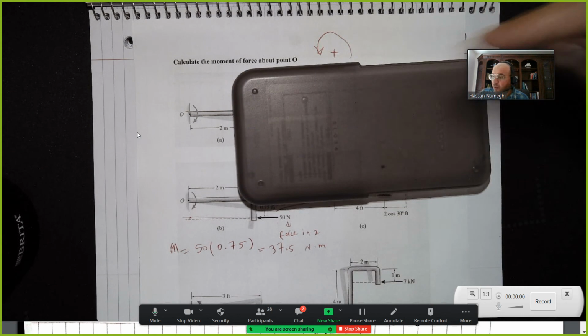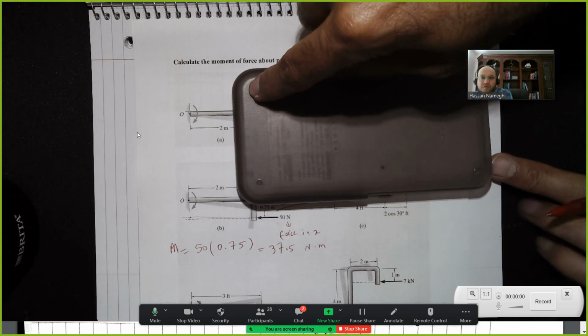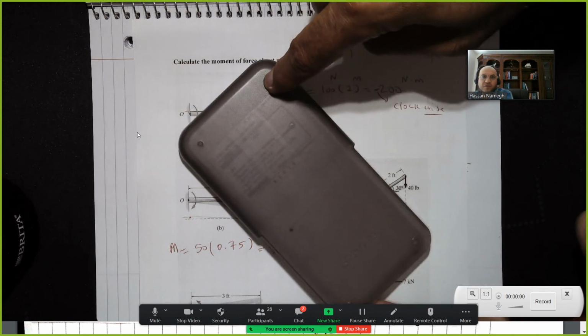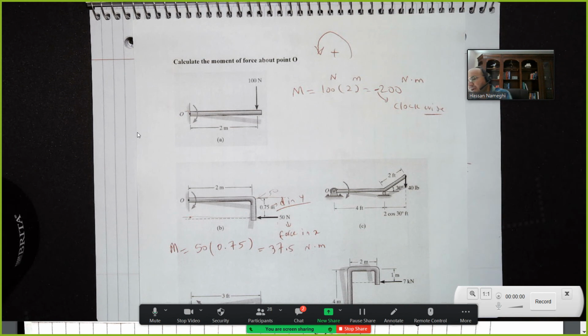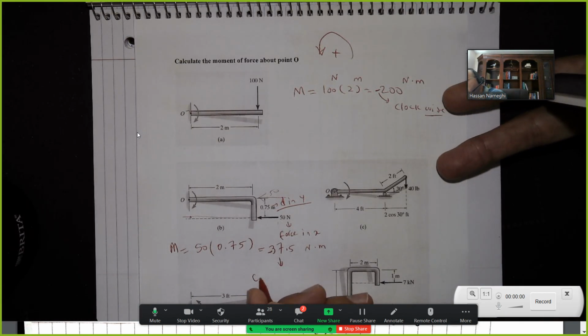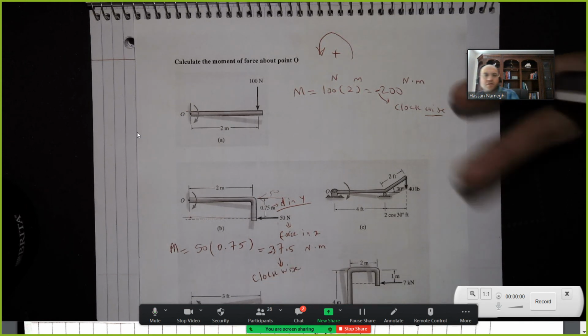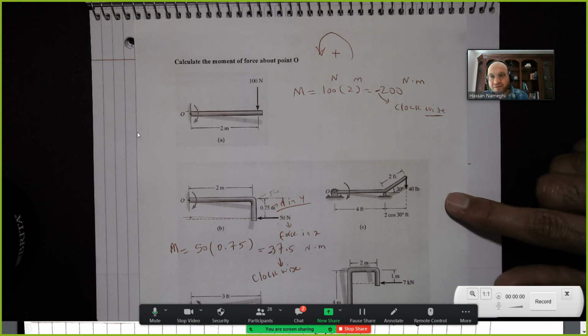I'm going to hold here at point O, and I'm going to apply the force the way it is. The rotation would be clockwise, negative, exactly. So I'm going to put minus 37.5. I'm going to put a note for myself: this rotation is clockwise.